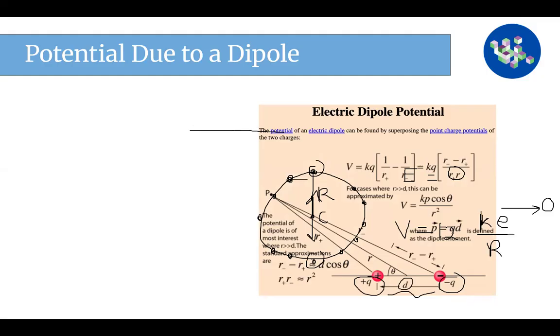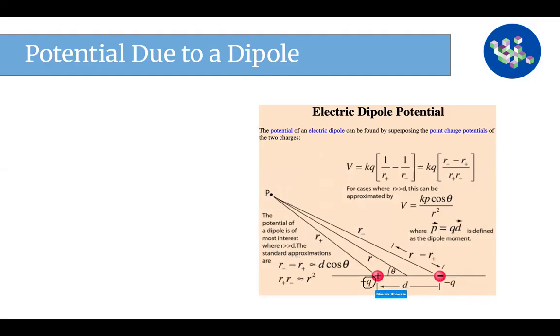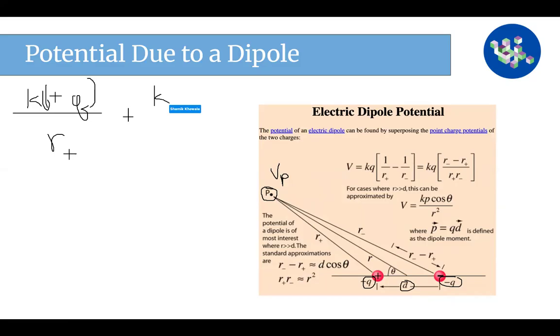To find the potential due to this dipole, let's find VP, the potential at this point P. The potential at point P will be the positive charge Q over the distance to the positive charge, R plus, and then we'll add the potential due to the negative charge, which is negative Q over the distance to the negative charge, R minus.